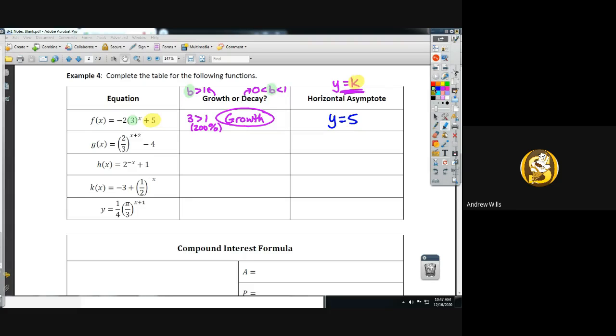What number is being raised to the exponent? 2/3. Good. 2/3 is our base. Because 2/3 falls between 0 and 1, this would be an example of exponential decay.